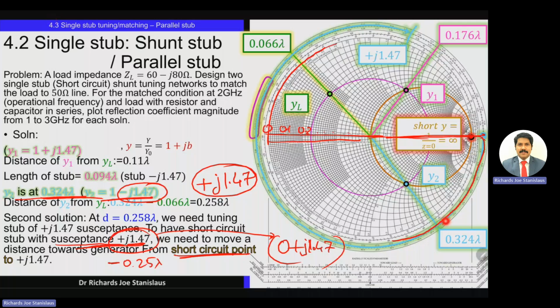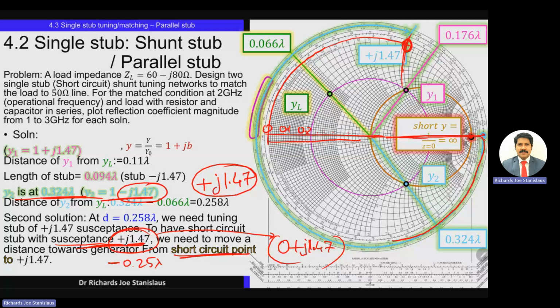At this 0 resistance part, the zero conductance part, and susceptance as 1.47, it actually passes through over here. At this point, j 1.47 is over here.